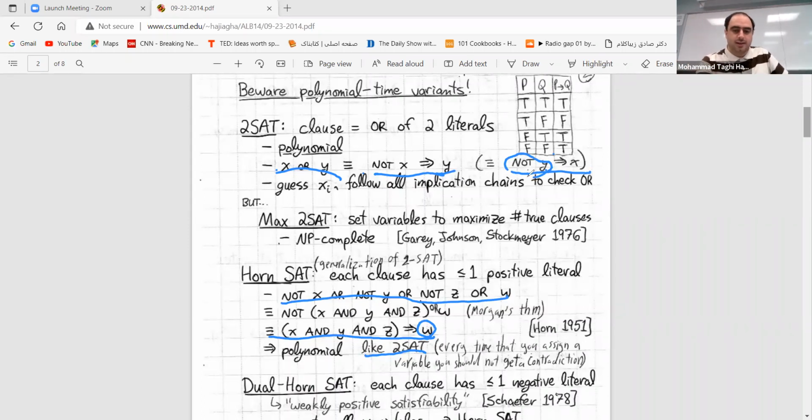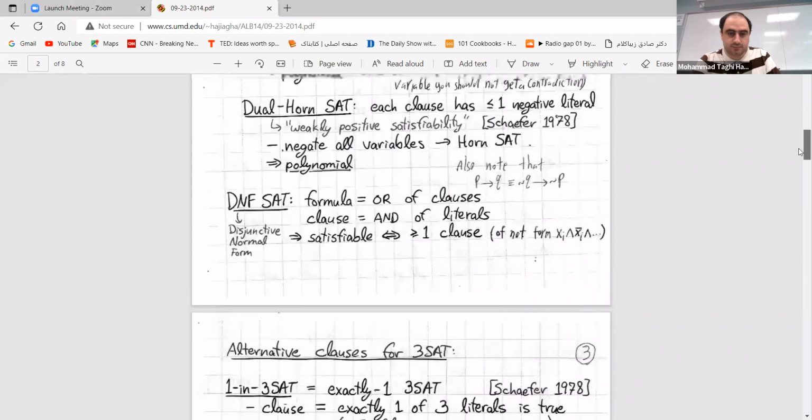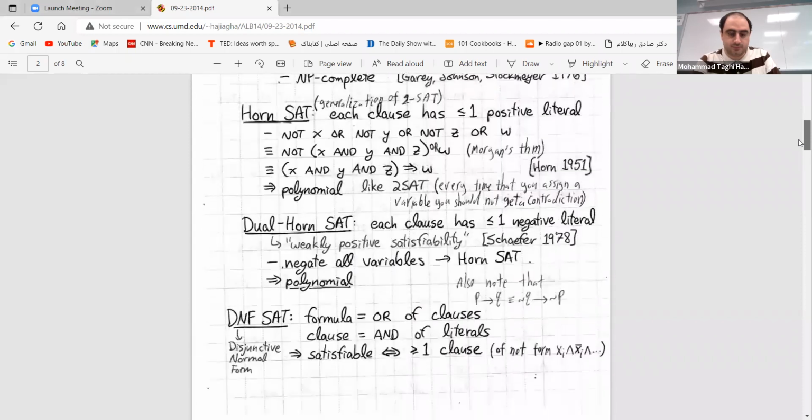Now, there is another one, called dual Horn.